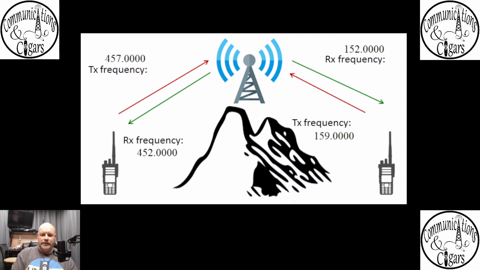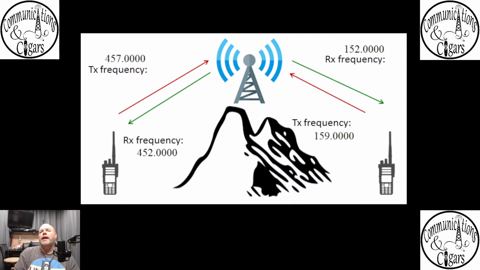In addition, bidirectional also has duplexed bidirectional. A good example would be a UHF repeater and a VHF repeater linked together. That's sort of what I have on the top here.